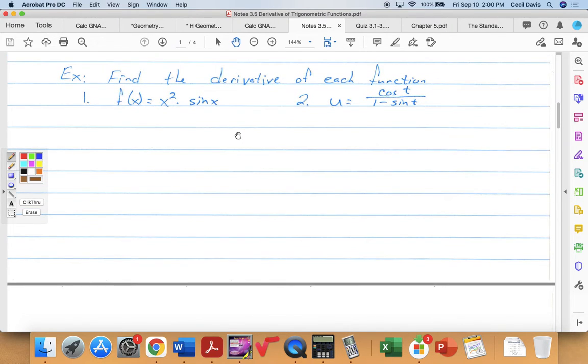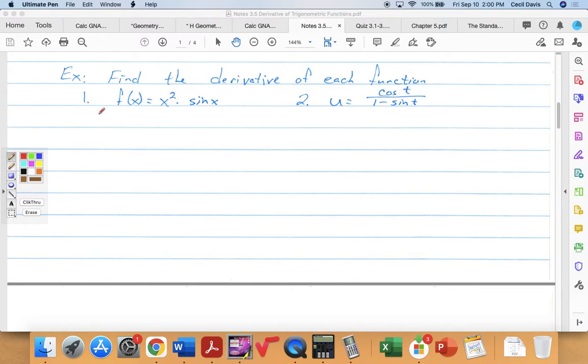Now we can actually make good use of the product rule. Before now we've had products, but most of the time it was like, why would you use the product rule on that? Why not just multiply them together and then take the derivatives of the individual pieces? Now we have something where we can't do it any other way but the product rule.